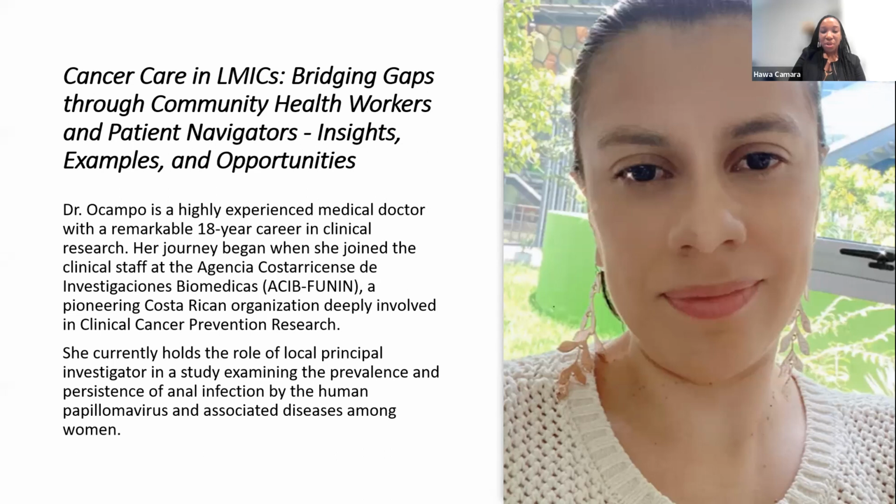She started her journey when she joined the clinical staff at the Agencia Costarricense de Investigaciones Biomédicas, a pioneering Costa Rican organization deeply involved in clinical cancer prevention research. Currently, she is the local principal investigator for a study examining the prevalence and persistence of anal infection by the human papillomavirus and associated diseases among women. Dr. Ocampo, I pass it on to you.